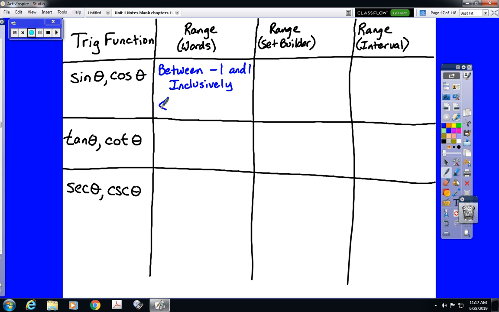Now what I mean by that is, let's draw it on a number line. There's a closed circle at both negative 1 and 1, and we can only exist between those 2 circles. Now I'm going to write that in 2 other ways, in both set builder notation and interval notation. So set builder notation, which you might be familiar with depending on who you had for Algebra 2.